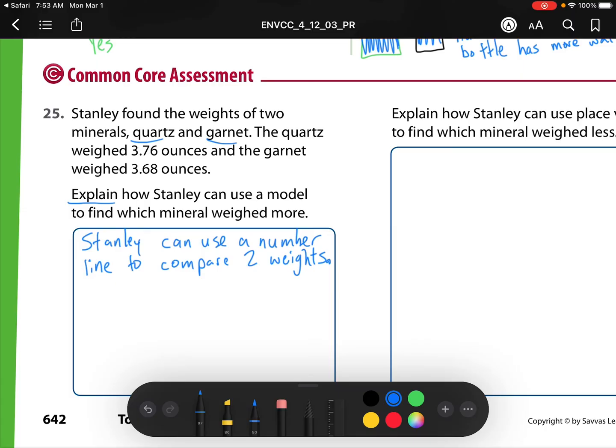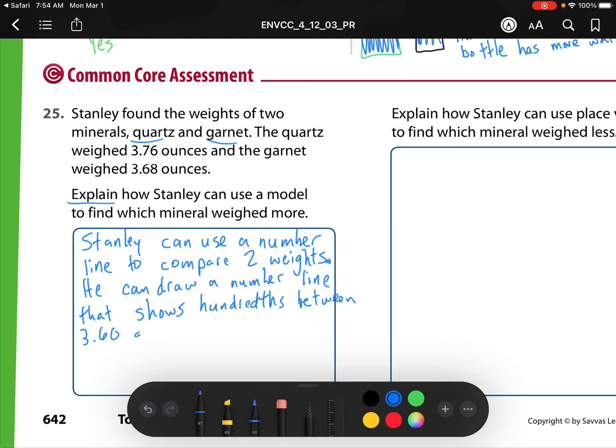He can draw a number line that shows hundredths between 3 60/100 and 3 80/100. Then plot the points.